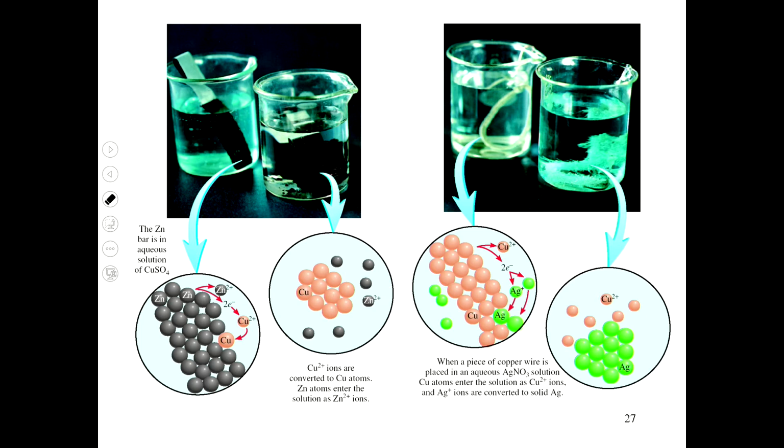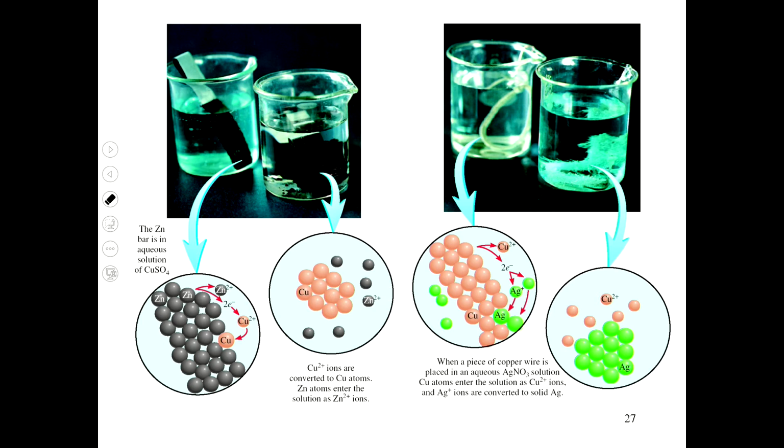This reaction happens between 2 different metals, metal ions. For example, the zinc: we put the zinc bar into the copper solution. Finally, we can find the copper will cover the surface of the zinc bar.